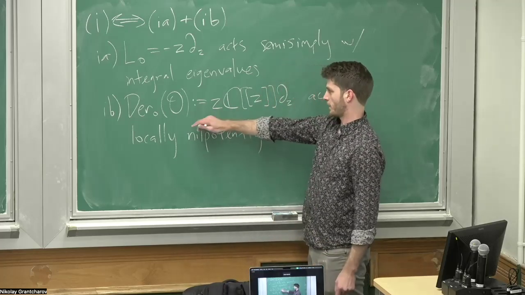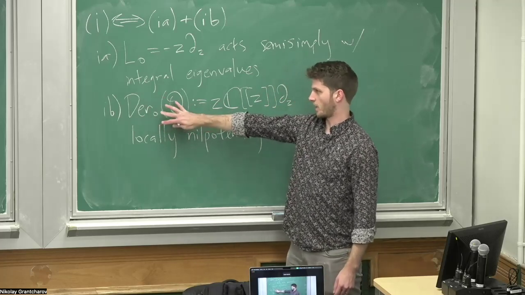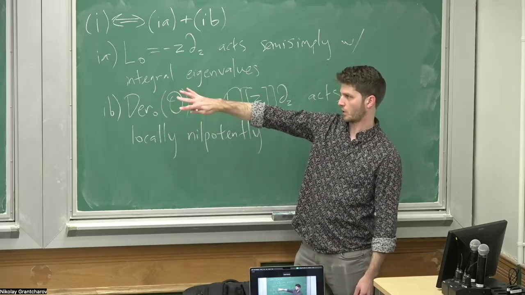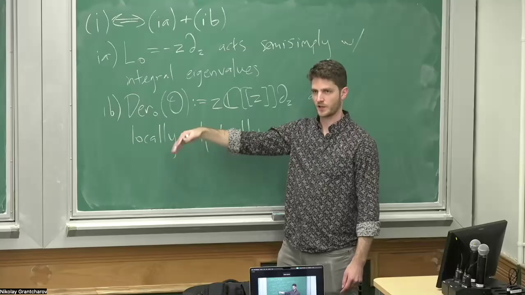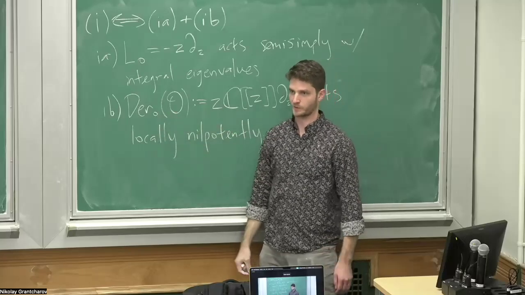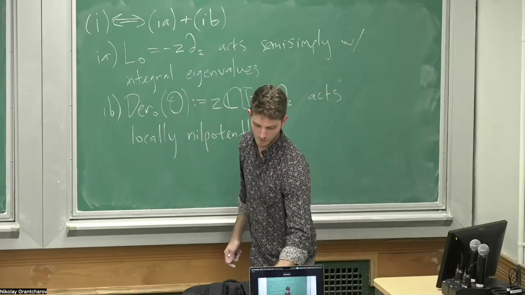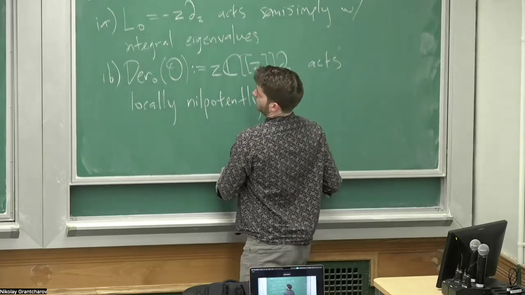Okay, and then again, this is just the Lie algebra of the corresponding piece inside of Aut O. Aut O is pro-unipotent, and so the condition for it to integrate is just that the Lie algebra acts locally nilpotently.